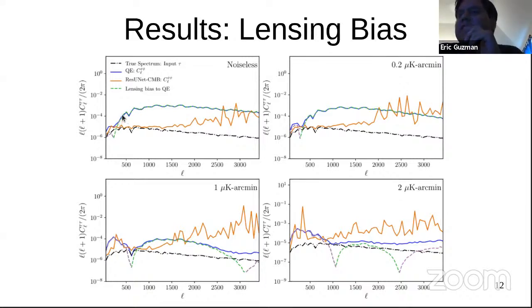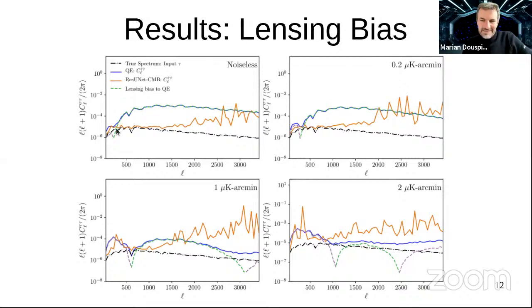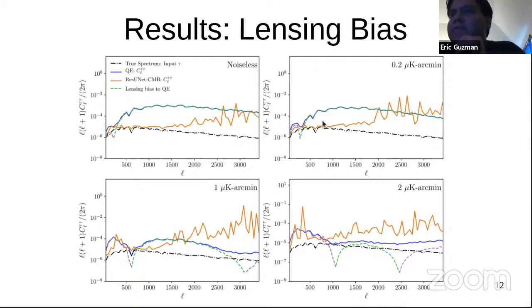These power spectra are averaged over multiple realizations, so the noise is really beat down and we really just get the spectrum. And so you can see the quadratic estimator follows the bias closely, but at the low range, especially for the low noises, the ResUnet CMB doesn't experience the same bias.